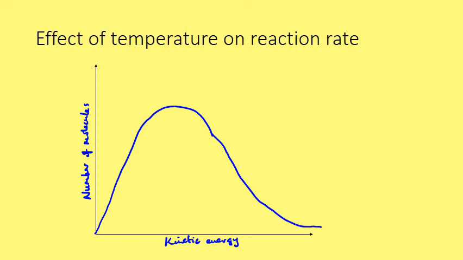Alright, so let's say that's 25 degrees C. Okay, and what I'm also going to try and do is draw a curve for a higher temperature. So it's the same system, so the same number of particles. So I want the area under my curve to be the same, but it's going to have to shift to the right because more particles are going to have more kinetic energy if it's at a higher temperature.